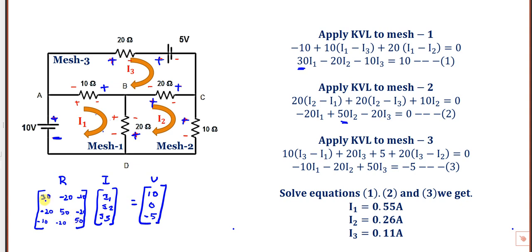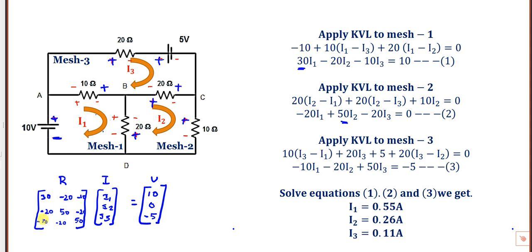Remember, only these diagonal elements are positive: the sum of resistance in mesh 1, sum of resistance in mesh 2, sum of resistance in mesh 3. All others are negative. The common values are negative. Whatever is common to 1 and 2 is the same as 2 and 1.